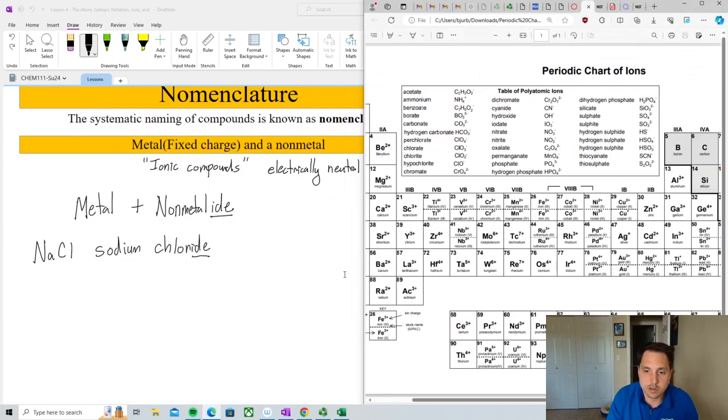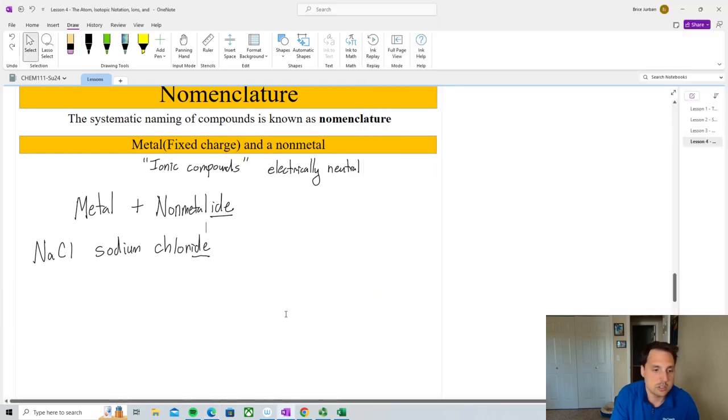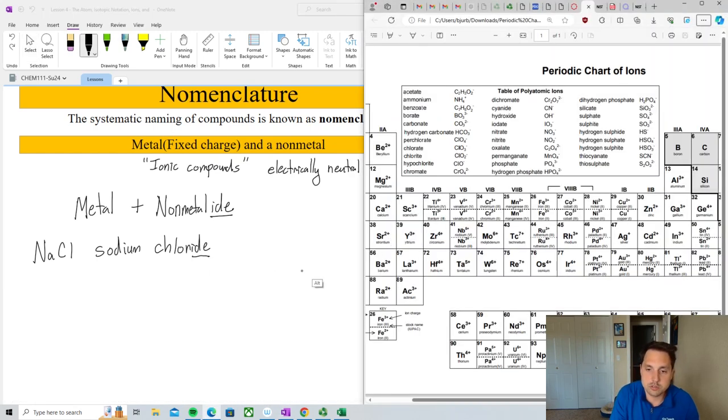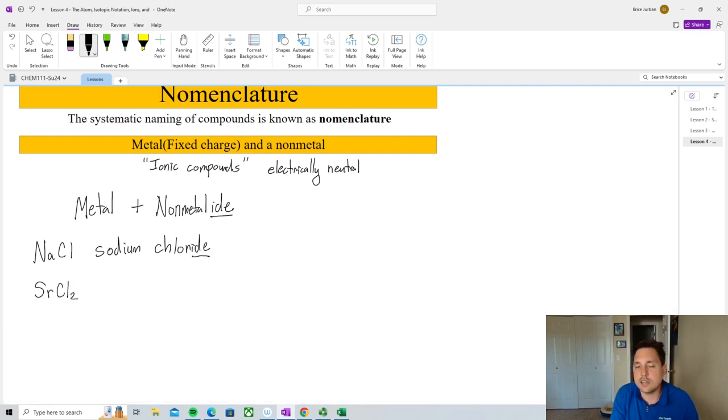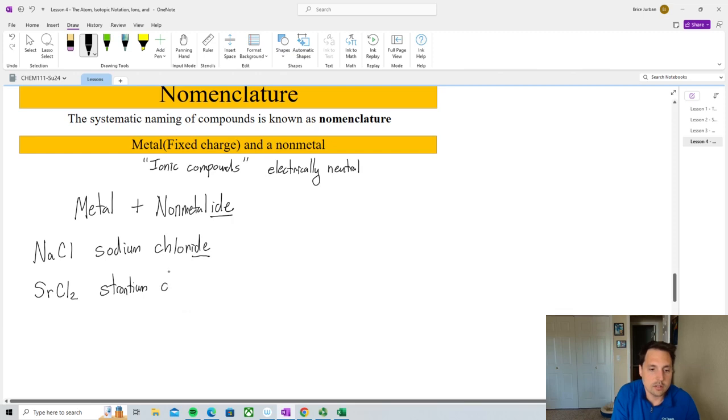I have yttrium. Okay, yttrium is a 3+ charge. Let's just use something more simple. So strontium here. Okay, so if I look up strontium chloride, we'll see it's listed as SrCl2. Strontium chloride. And we just name it like that.